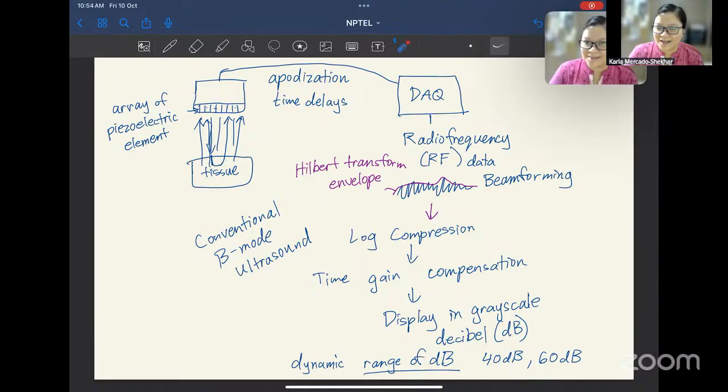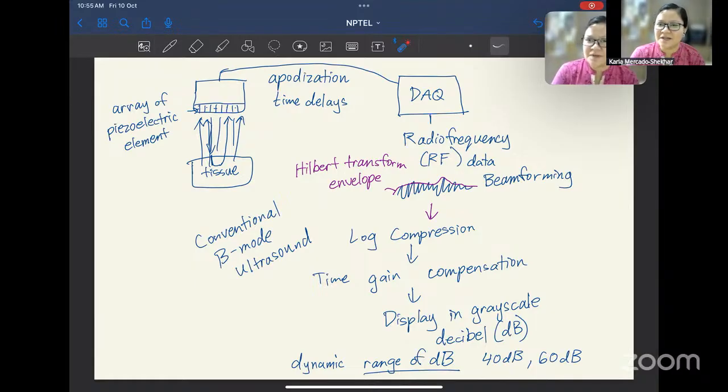And I believe there are some deformable lenses also that you can adjust to provide some time delay into your signals. But at present, that is not commercially being used just because it's much simpler with signal processing methods to provide electronic time delays into your RF signals from each of these piezoelectric elements.